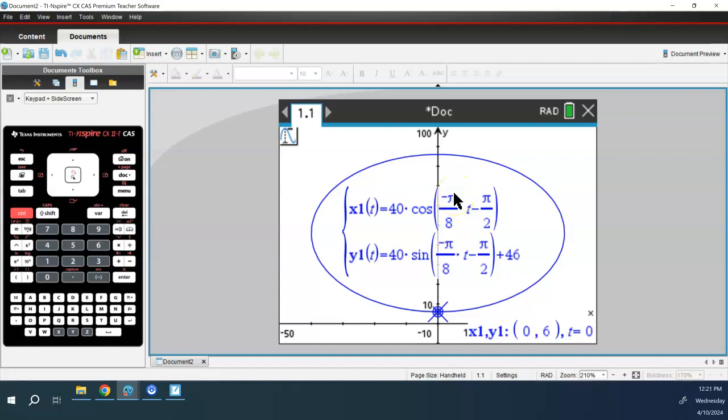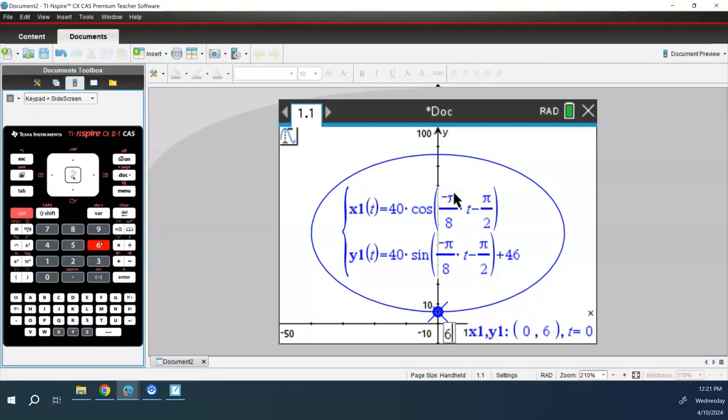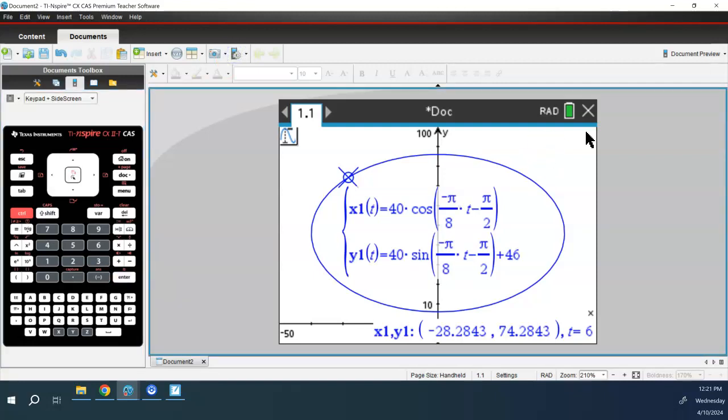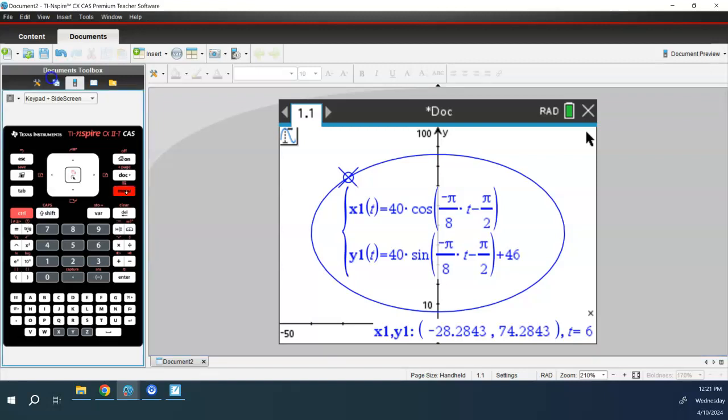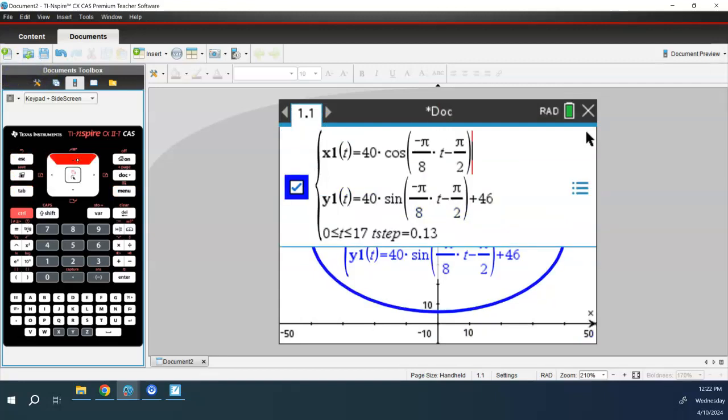We need to go out to t equals 6. There we are at t equals 6. Or, escape, tab, we would have to change this 17 to something bigger than 150, and then we would be at the same spot at 150.